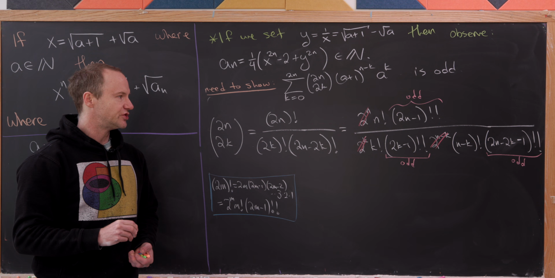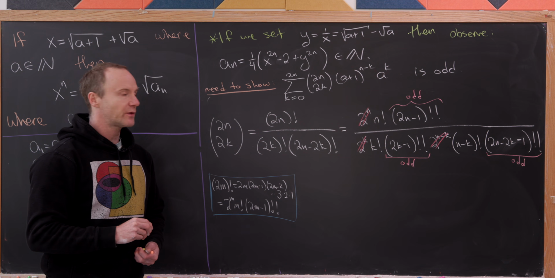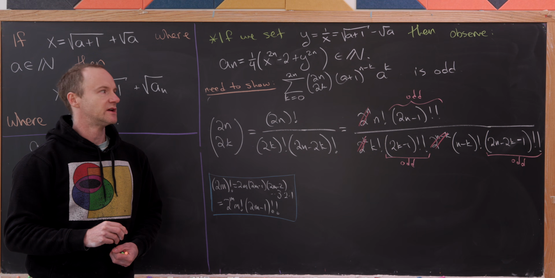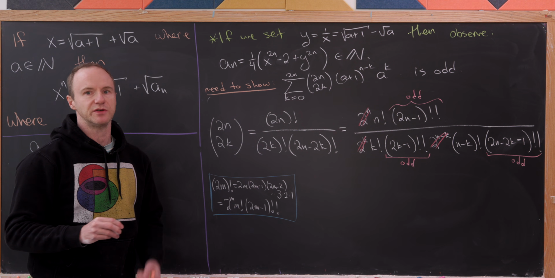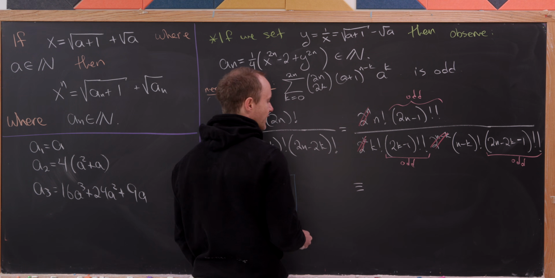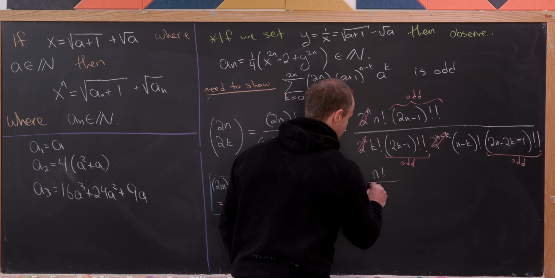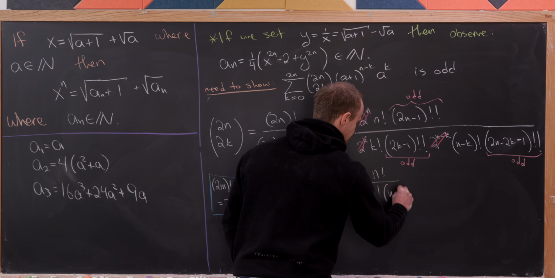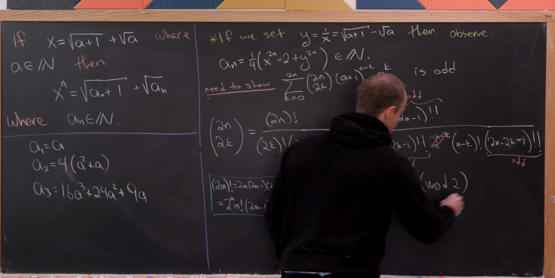But now what I'd like to do is reduce this whole thing mod 2. If we reduce this whole thing mod 2, the things that are odd are simply 1 mod 2, so they don't contribute to the equivalence class mod 2. That means we can forget about all of the odd terms and see that this is congruent to n factorial over k factorial times n minus k factorial modulo 2.